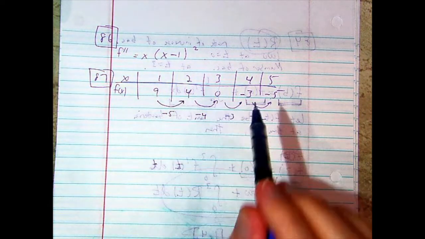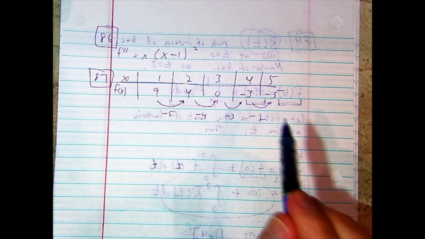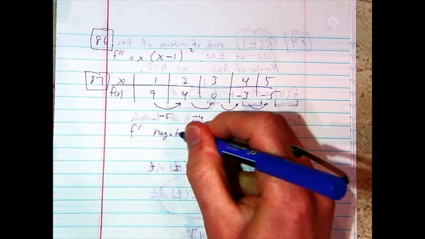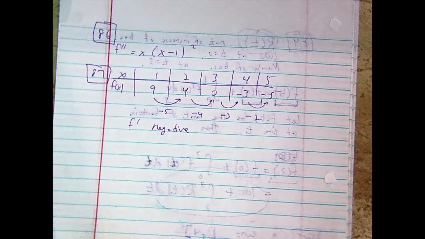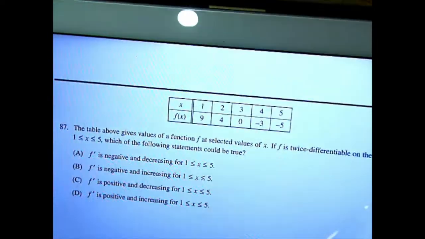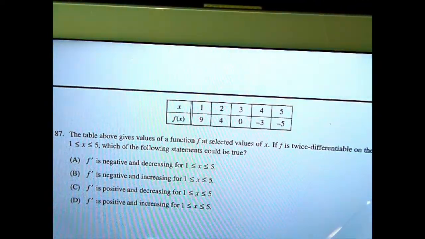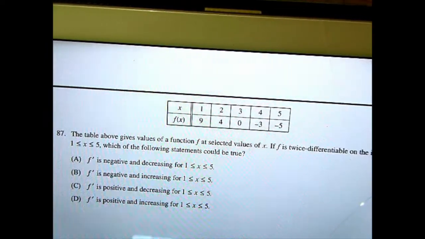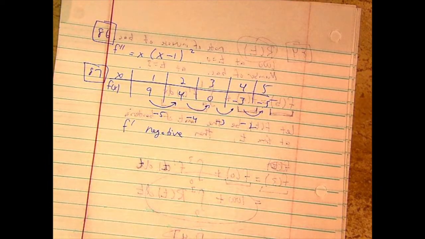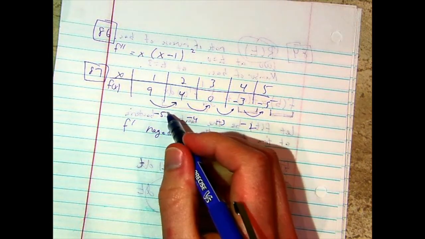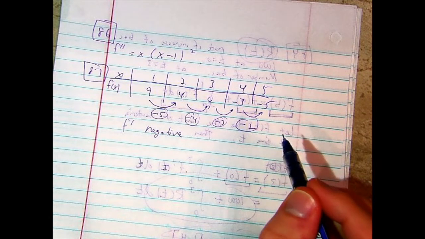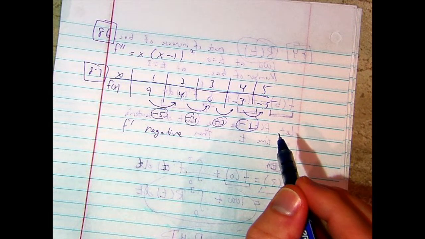Now, because the function is decreasing, that means that its derivative, f prime, must be negative. So certainly f prime is negative. That brings us to either choice A or choice B, where f prime is negative. Now, what distinguishes those two options is whether f prime is increasing or decreasing. What you should notice is that these numbers, while all of them are negative, they're gradually becoming less negative.